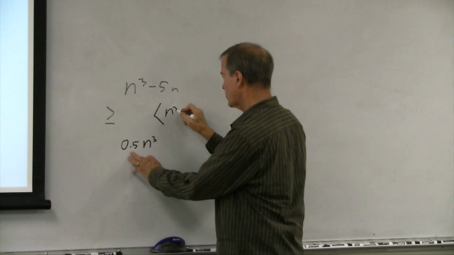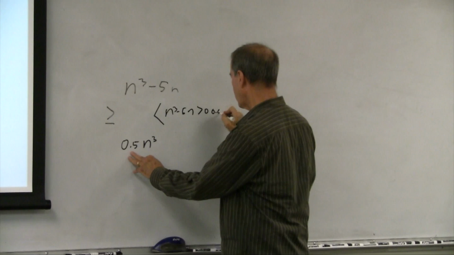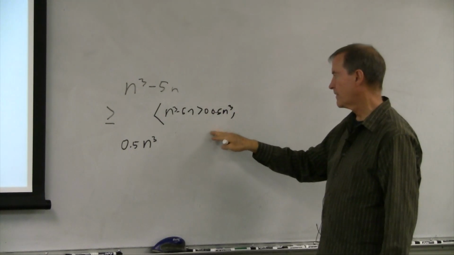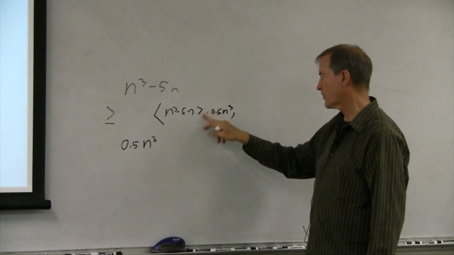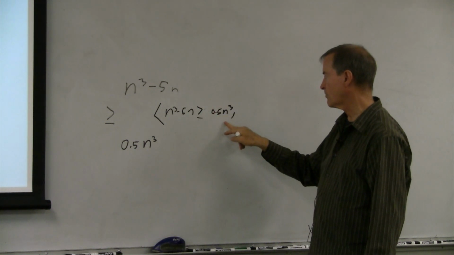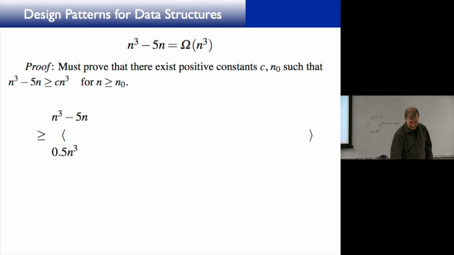So n cubed minus 5n is greater than or equal to 0.5 n cubed.